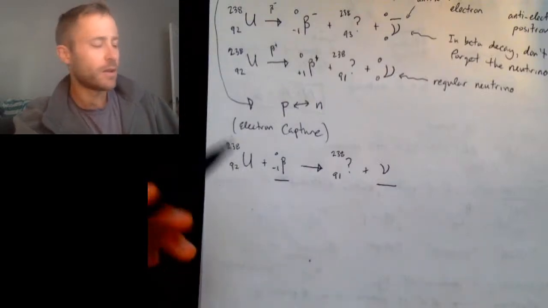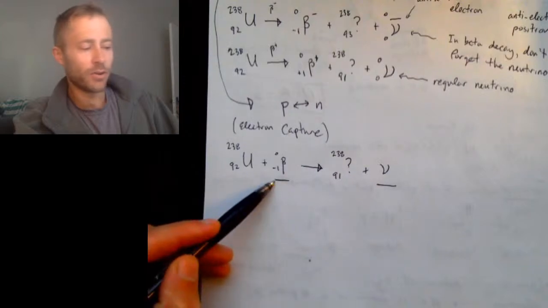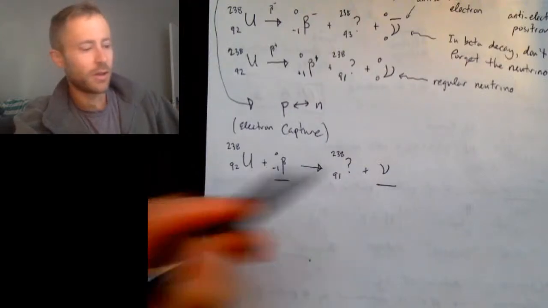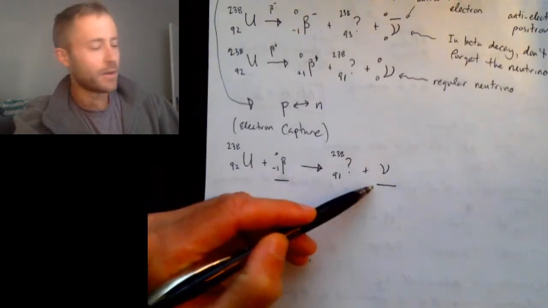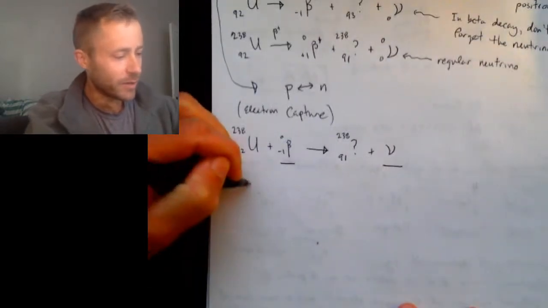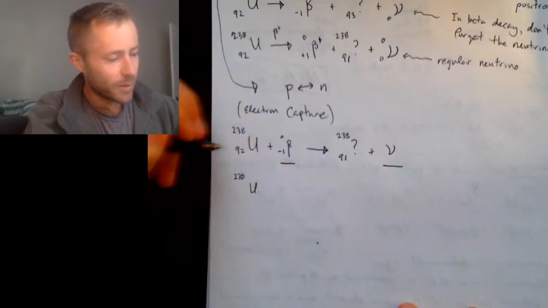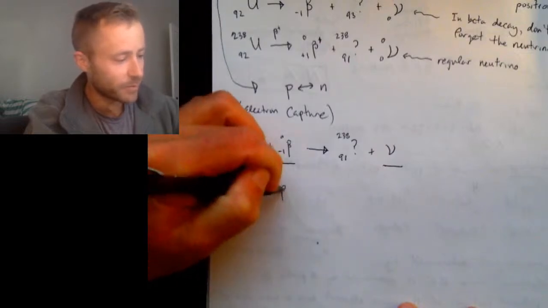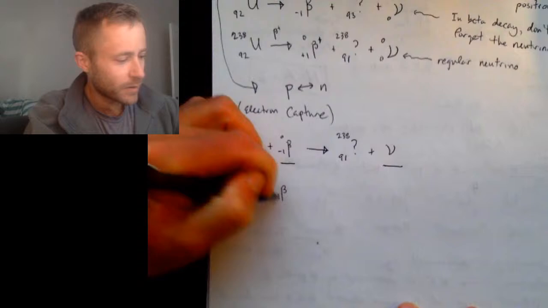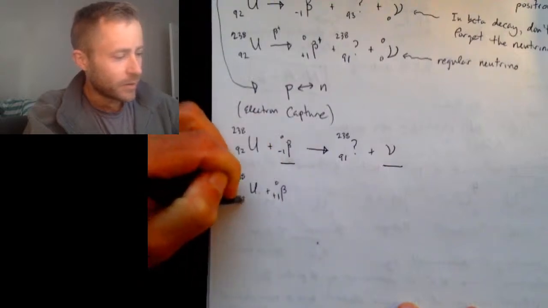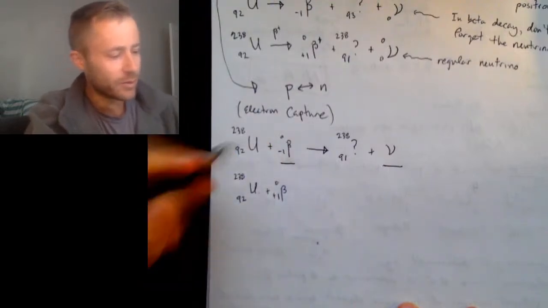Because a particle is going into this reaction, a particle is coming out. But if I had something like beta minus decay, or positron capture, excuse me. So 92 plus 1 is 93.